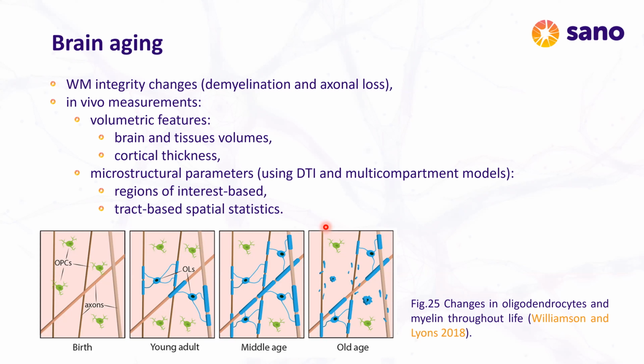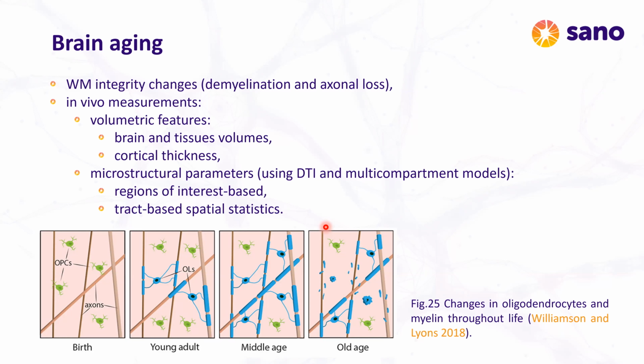Brain aging involves multifaceted changes in white matter integrity, including demyelination and axonal loss. Among other things, the demyelination process is associated with the loss and functional dysregulation of oligodendrocytes, whose degeneration increases with age, as well as the loss of myelin proteins.